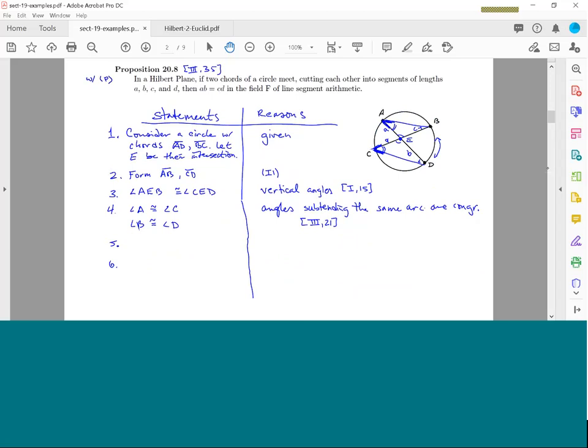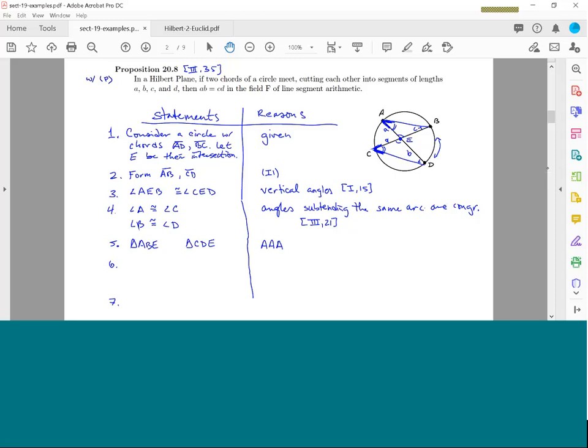Yep, apply angle, angle, angle, and applying that proposition means you're going to get your two triangles, triangle ABE and triangle CDE. I'm matching the vertices, matching congruent vertices in the same order, so those two triangles are going to be similar to each other.